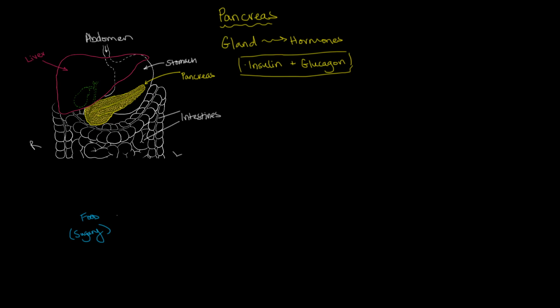And after you've eaten that food, it'll travel down your esophagus, through your stomach, and then into your small intestine. So this is the food passing through you in blue. And the sugar from the food will actually be absorbed from your small intestine into your blood. So this is the sugar from the food that's traveling into your blood.